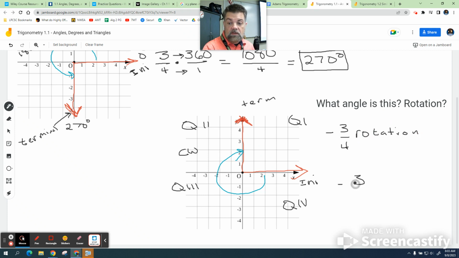So then we still do the same thing. We're going to say 3/4 times the 360, right? But because of this negative sign, it ends up becoming a negative 270 degrees. The math is still the same.